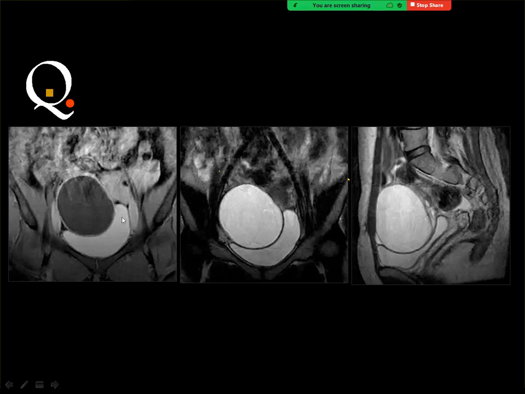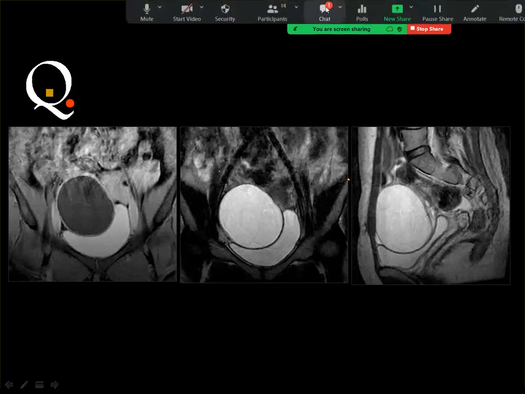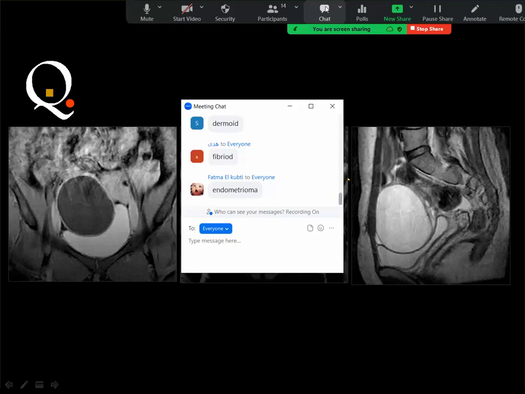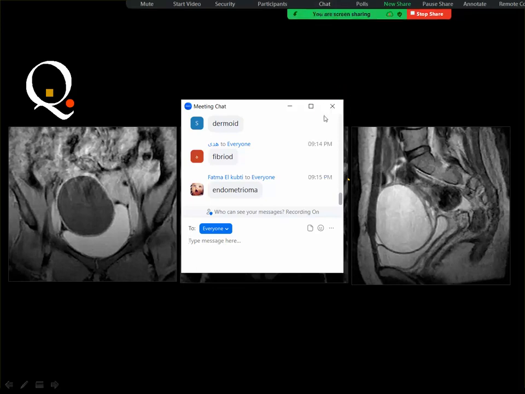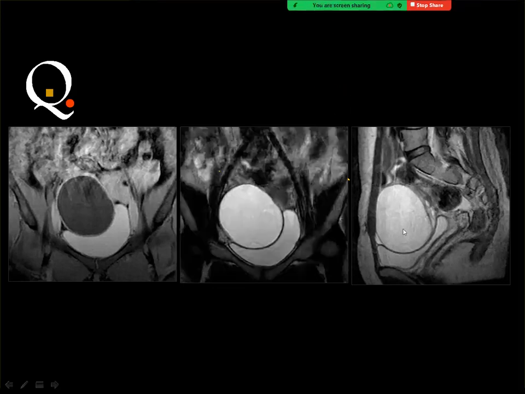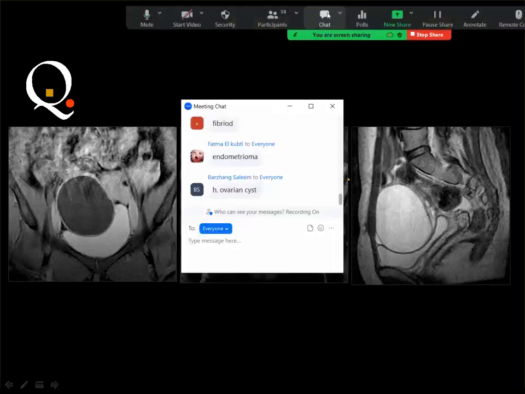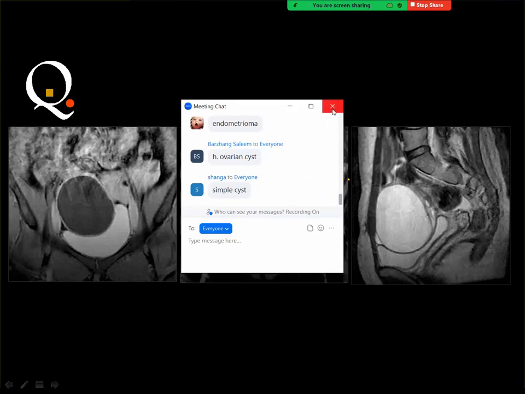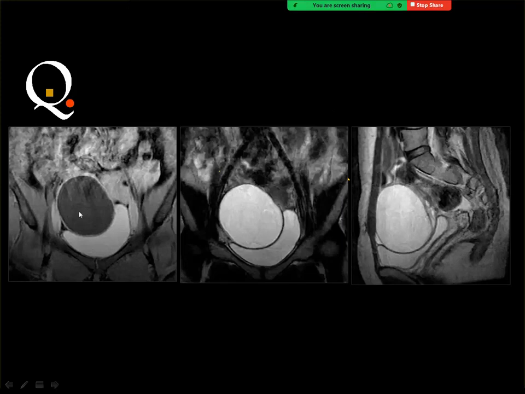I think that this is T1 with contrast. And no, this is not endometrioma because there is no shading effect in the T2 weighted images compared to the fluid in the urinary bladder. Hemorrhagic ovarian cyst should have some increased signal in the T1 weighted images.